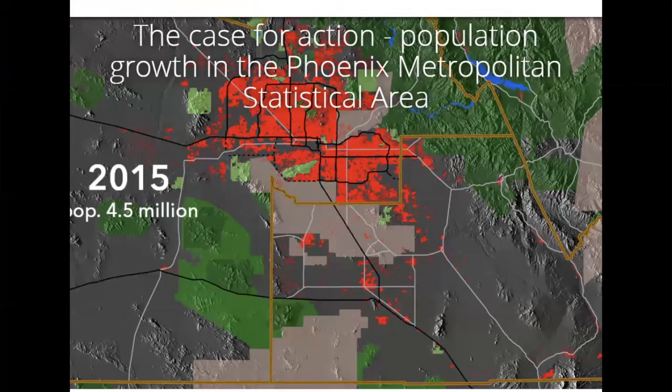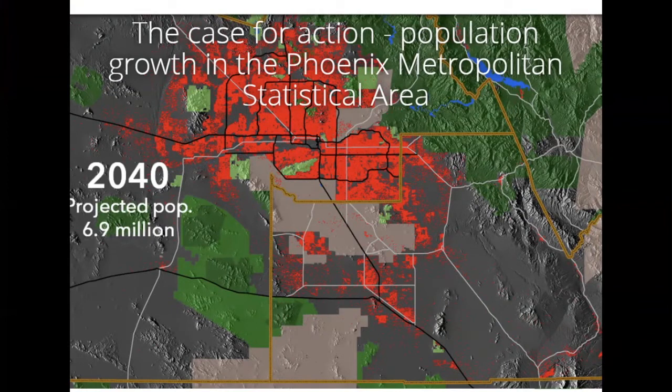So our motivation for creating the Greenprint stems back to this really rapid population growth that we see in the Phoenix metropolitan area. So you can see here that in 2015, we had a population of about 4.5 million. If we project forward to 2040, we're looking at a projected population of almost 7 million people.